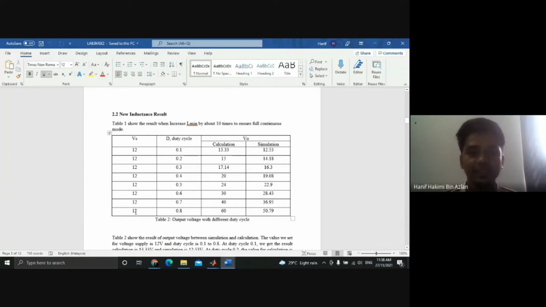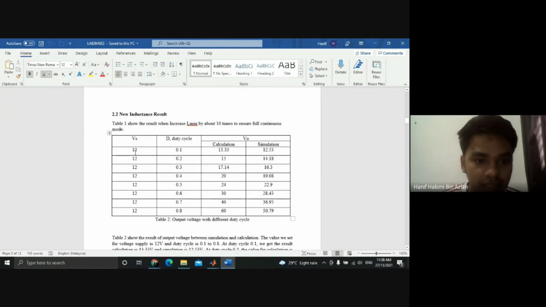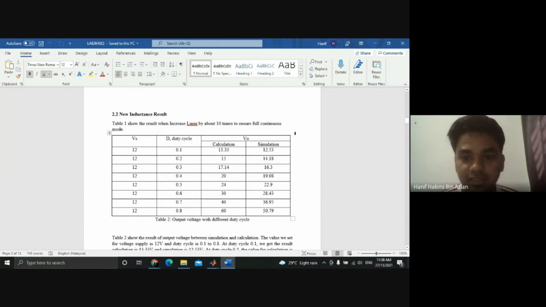This is the result that we get for question 7. We insert the voltage supply of 12 volt and duty cycle 0.1 to 0.8. This is the result for the simulation and this is the result for the calculation. What we can see here is a small difference between the calculation and the simulation.